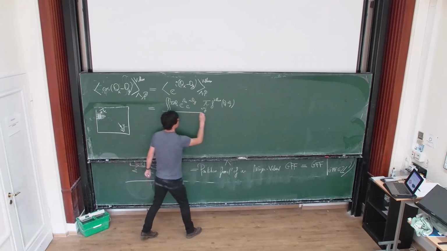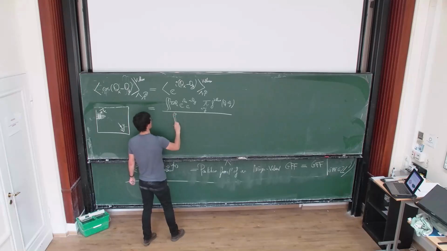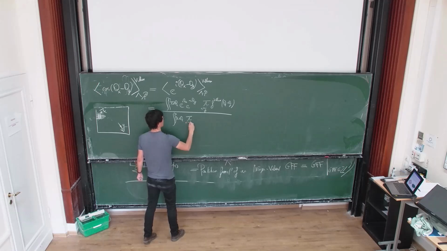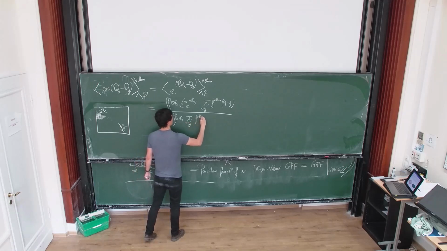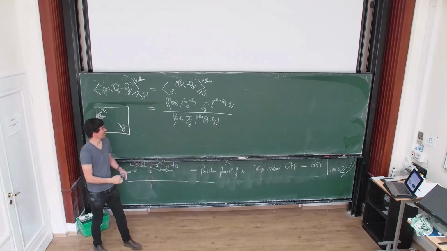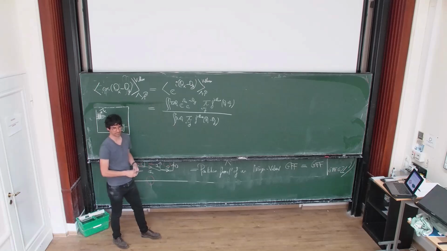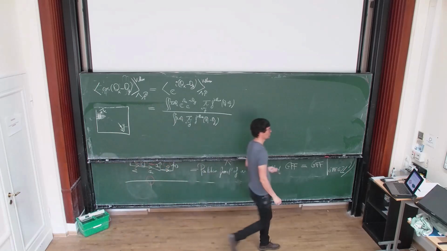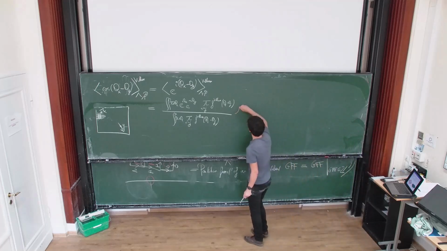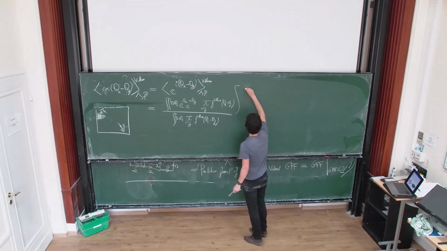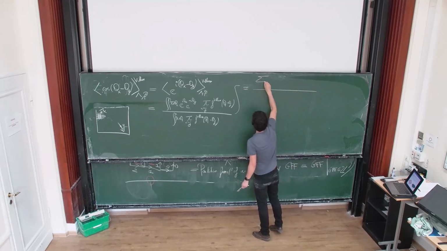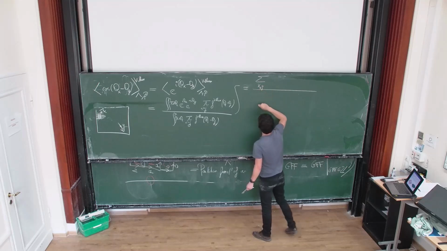So this is almost the same computation as before. I have the partition function in the denominator. This one is what I computed for you before. But in the numerator, I have exactly the same type of structure, except I have those two points that I have here. So imagine I run exactly the same argument as before. In the numerator, I will have a sum over all these one-forms chi ij.